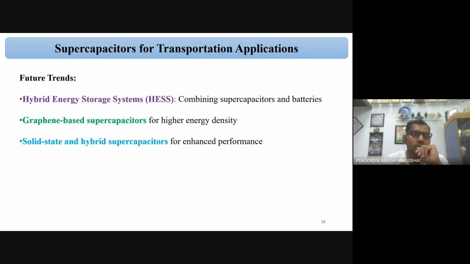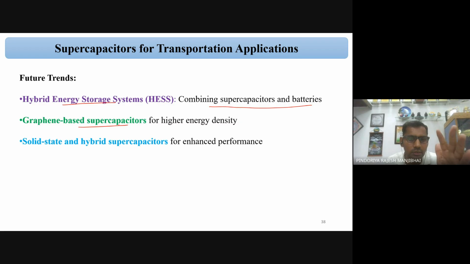Future trends. So yes, integration is required. That's why it's a hybrid energy storage system, combining the supercapacitor and battery. Graphene based supercapacitor. So maybe that question was on insulation, correct? You asked about the insulation.